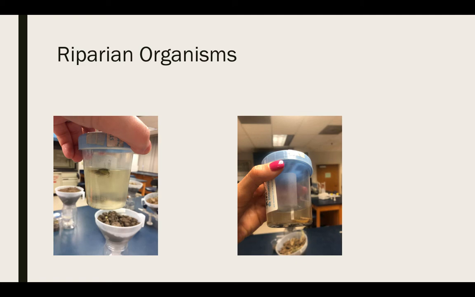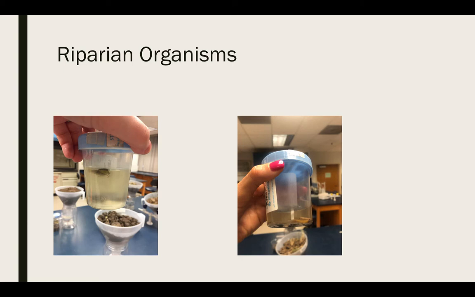I didn't see any at this one, but some other things you would see would be some snails in the riparian area, which are some of the same things that we will look at when we look at the stream assessments.